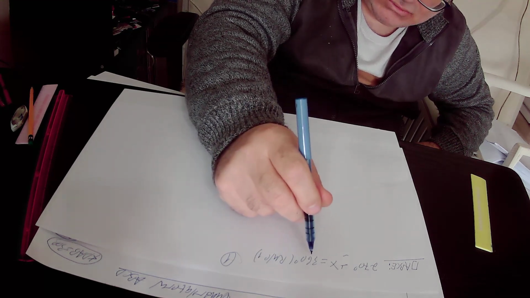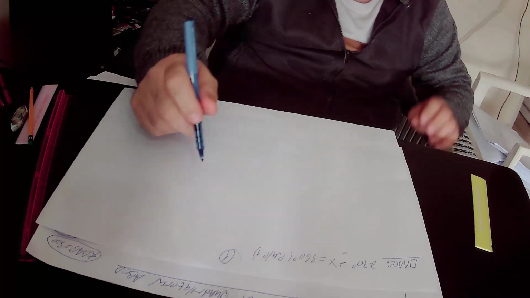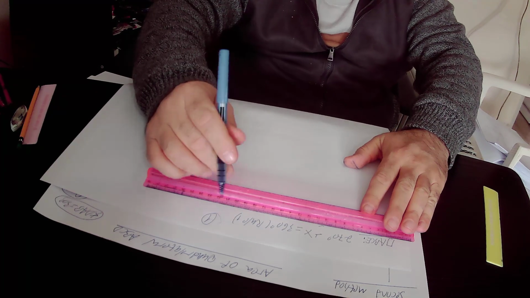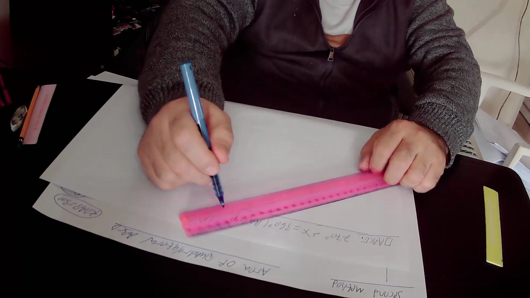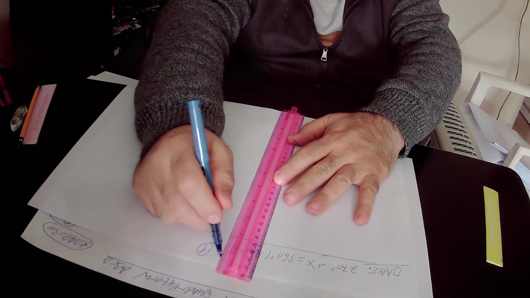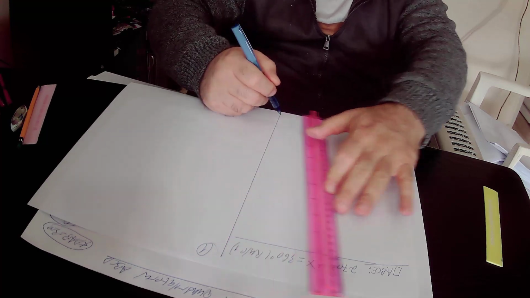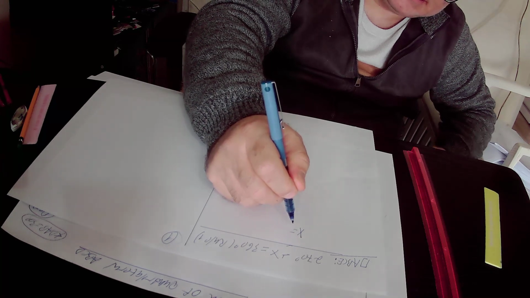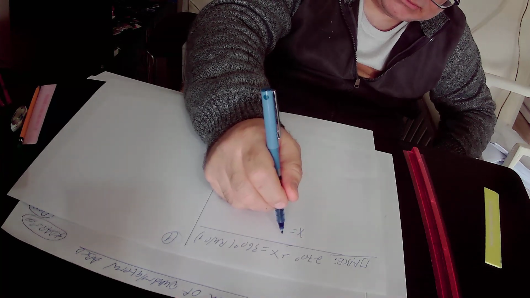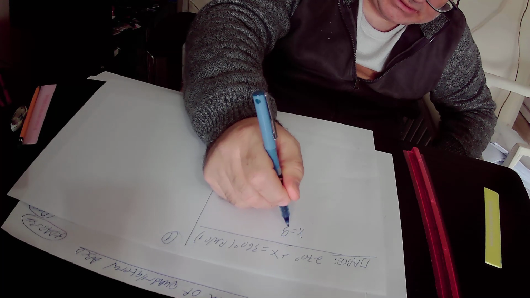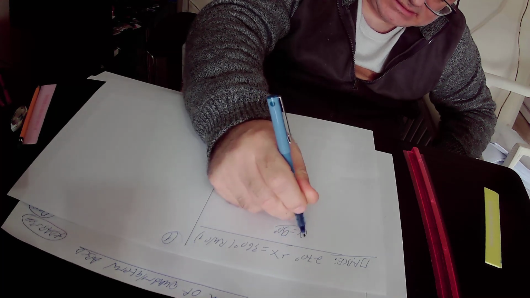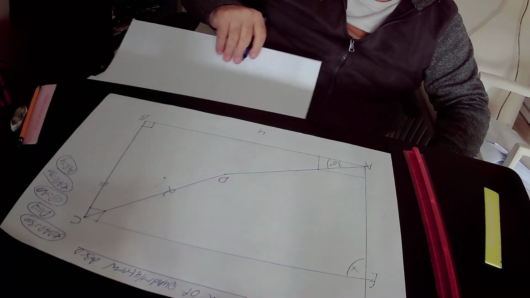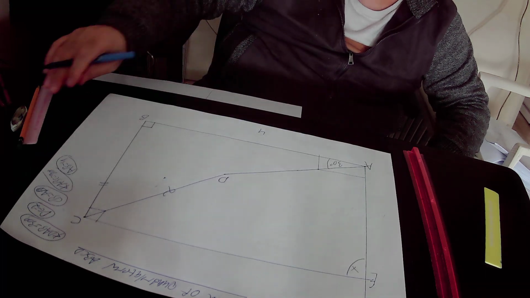We subtract 270 degrees, and we get that angle X equals 360 degrees minus 270 degrees. That is to say, angle X equals 90 degrees. It is a right angle. So we will substitute angle X by a right angle.